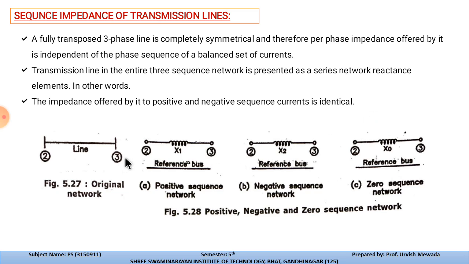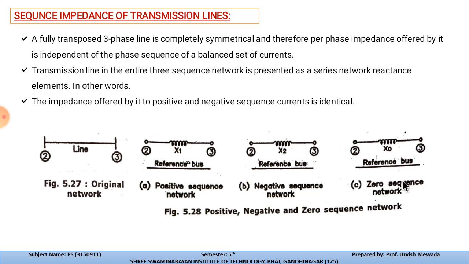A fully transposed three-phase line is completely symmetrical, and therefore the impedance offered by the transmission line is independent of the phase sequence of the balanced set of currents. So the transmission line in all three sequence networks is represented as a series network reactance element, and the impedance offered to positive and negative sequence currents is identical.